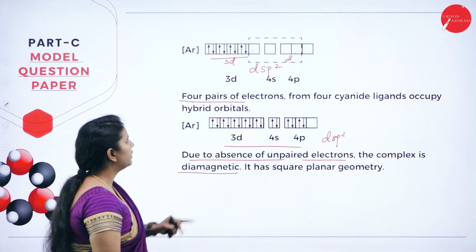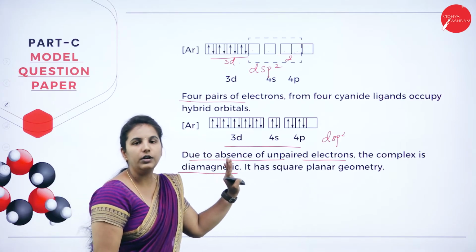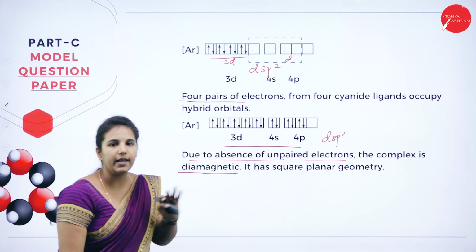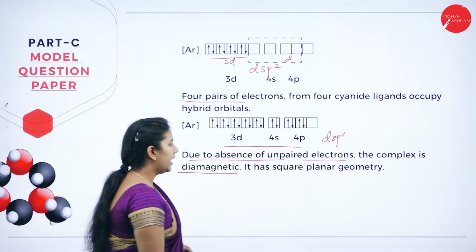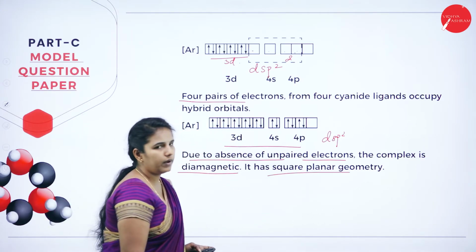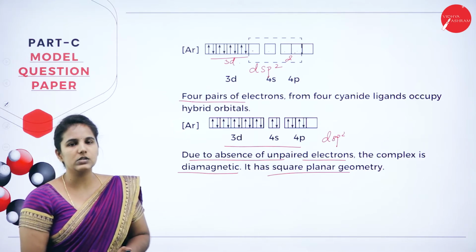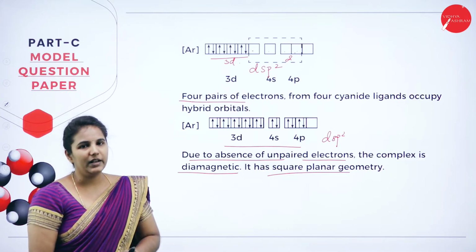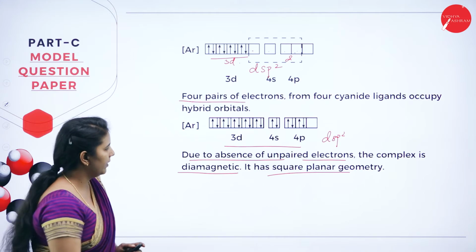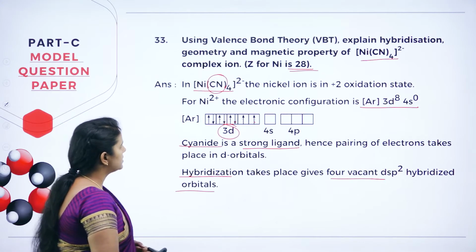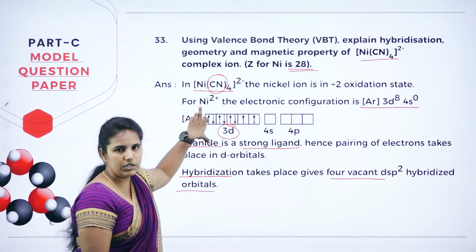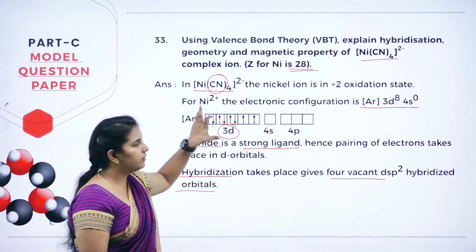And as the 4 cyanido ligands attack the nickel, which is the central metal atom, it has square planar geometry. It has what? Square planar geometry. Okay. Hope you all understood that. In the first step, you need to write the oxidation state and electronic configuration of nickel.